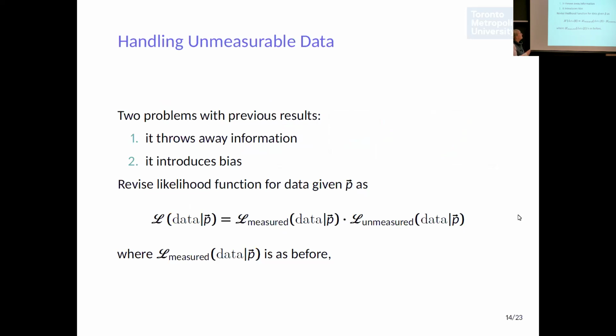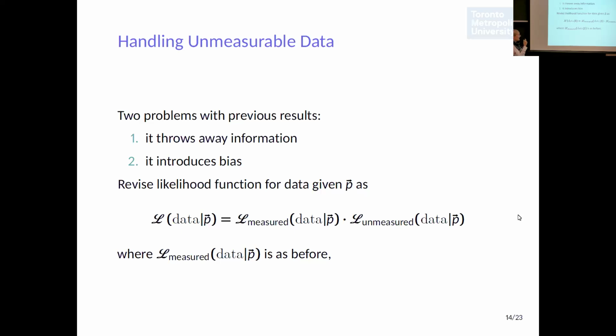So getting to more interesting questions. I mentioned that we have unmeasurable data, right? We know that the mice were injected with cells, 1 million cells. We know that it will grow into a tumor, but it's not yet measurable, right? So in the first likelihood function, we just threw away the information because we didn't have a measurement.